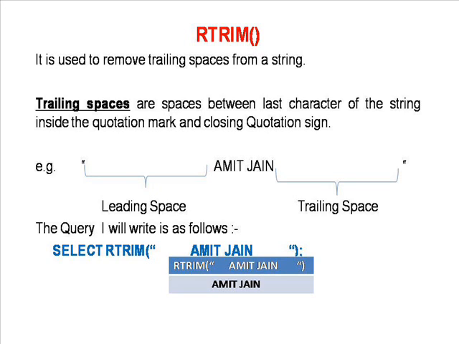So we give the statement for RTrim as follows. Select RTrim, quotations, Amit Jain, spaces, quotation complete, bracket complete, semicolon. Here you will not find any difference in the output.